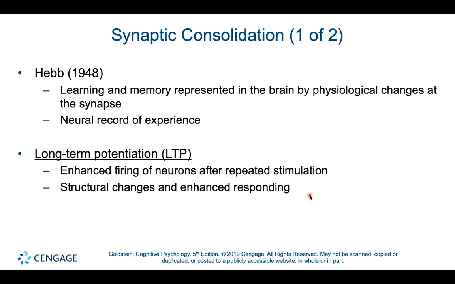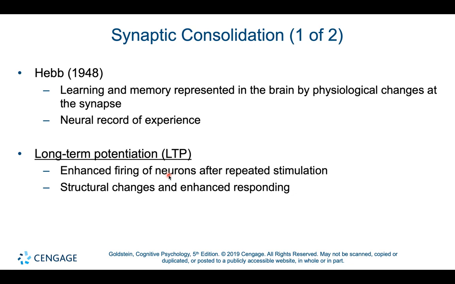So one of the really important ideas to come out of the early work on synaptic consolidation was called long-term potentiation, LTP. This is basically enhanced firing of neurons after repeated stimulation.